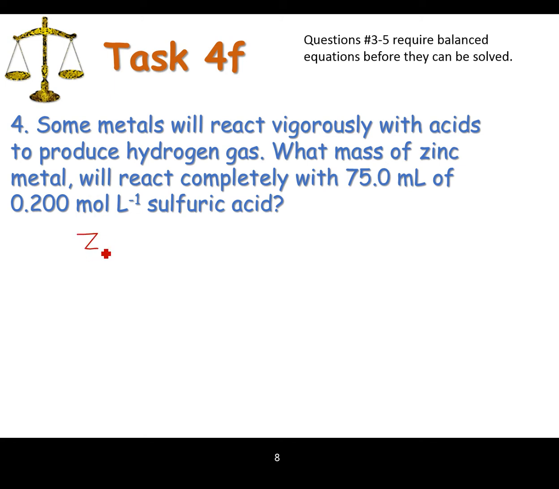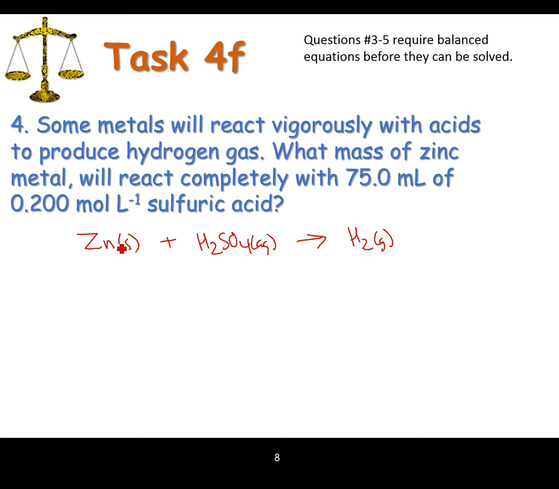It's saying that metals will react vigorously with acids to produce hydrogen gas. We have zinc metal, so this is a solid zinc sample reacting with sulfuric acid. So we have H2SO4 aqueous. And that is going to produce hydrogen gas, it says. So that's going to be H2 gas. We'll go ahead and do our simple balancing.